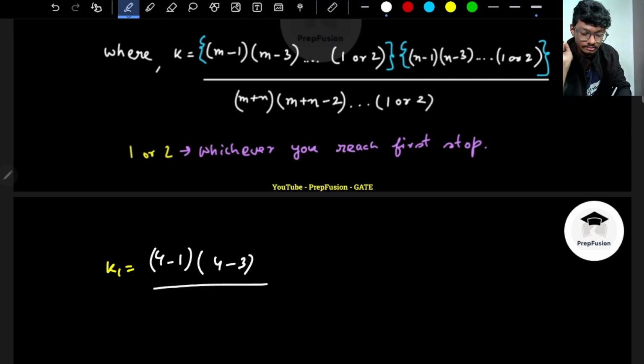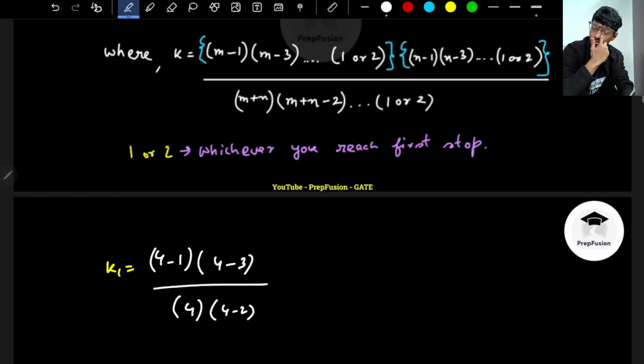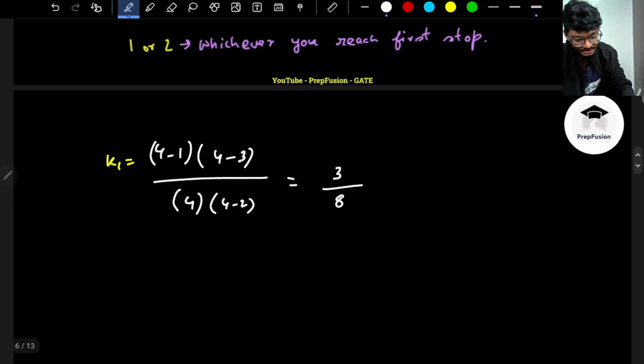The bottom will be m plus n. m is 0 because I don't have any sine terms, but n is 4. So 4 into 4 minus 2, and I will not go to 4 minus 4, because it goes to 0. So k1 will come out to be 3 divided by 4 into 2, that is 3 by 8.